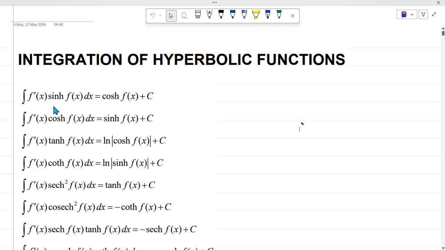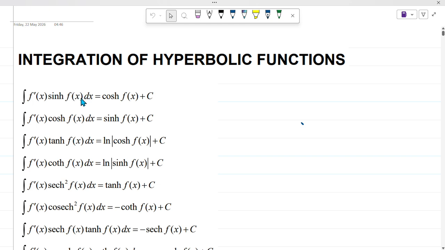So if you are integrating a hyperbolic sine of f of x, where f of x represents any argument, it could be x, x squared, or theta, whatever you'll be dealing with. For example, if you are integrating the hyperbolic sine of f of x dx, you need to make sure that next to this hyperbolic sine of f of x, there is the derivative of f of x.